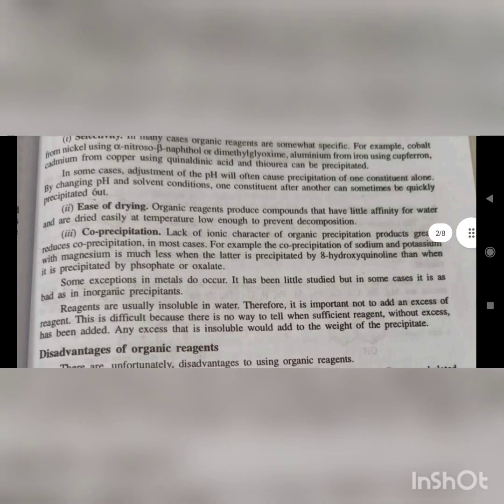For example, cobalt from nickel using alpha-nitroso beta-naphthol or dimethylglyoxime, aluminium from iron using cupferron, cadmium from copper using quinaldinic acid.